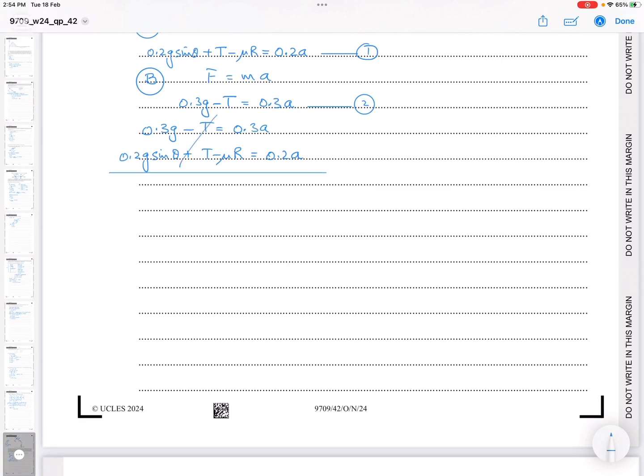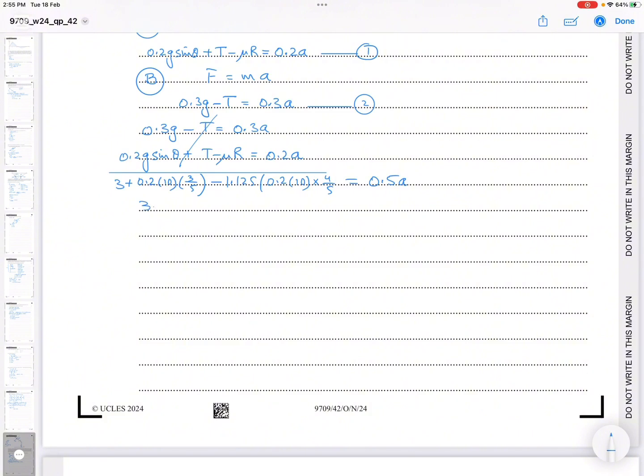So after adding these two, T is gone, so 0.3 plus 0.2 g is 10, sine theta is 3 by 5, minus mu is given 1.125, R is 0.2 times 10 times cos theta which is 4 over 5, and this is equal to 0.3a plus 0.2a is 0.5a.